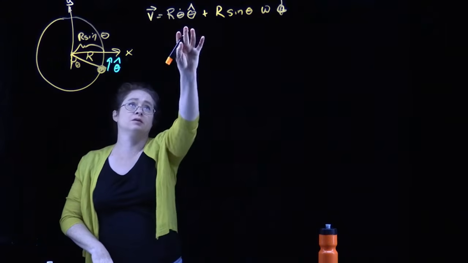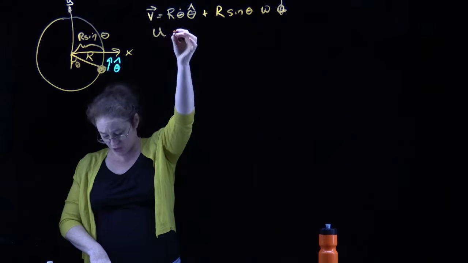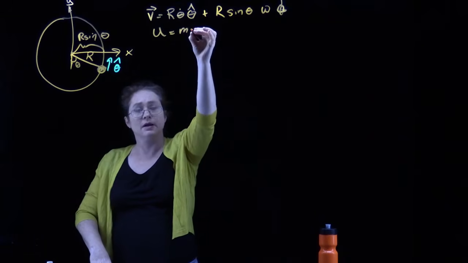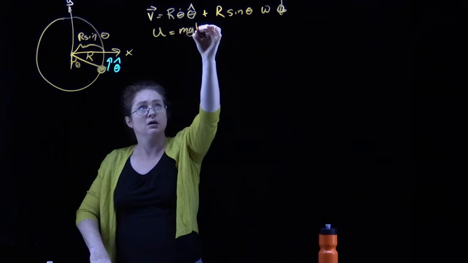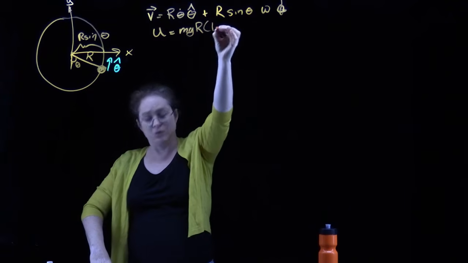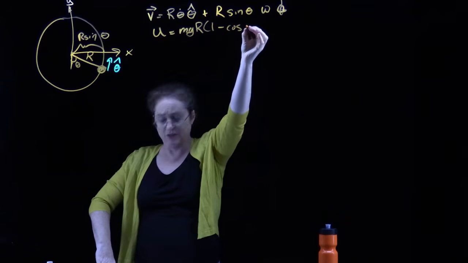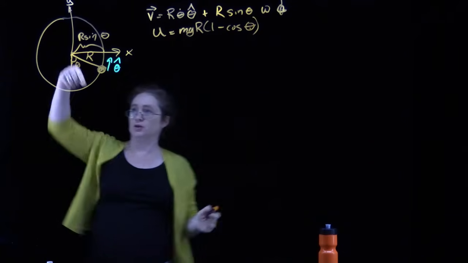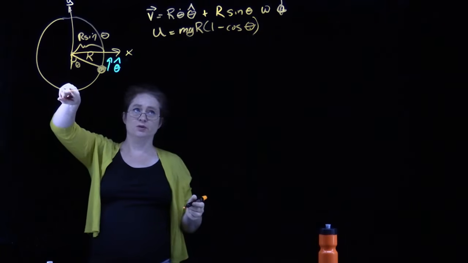And our potential energy is mgr times 1 minus cosine theta. So here we're putting the 0 there.